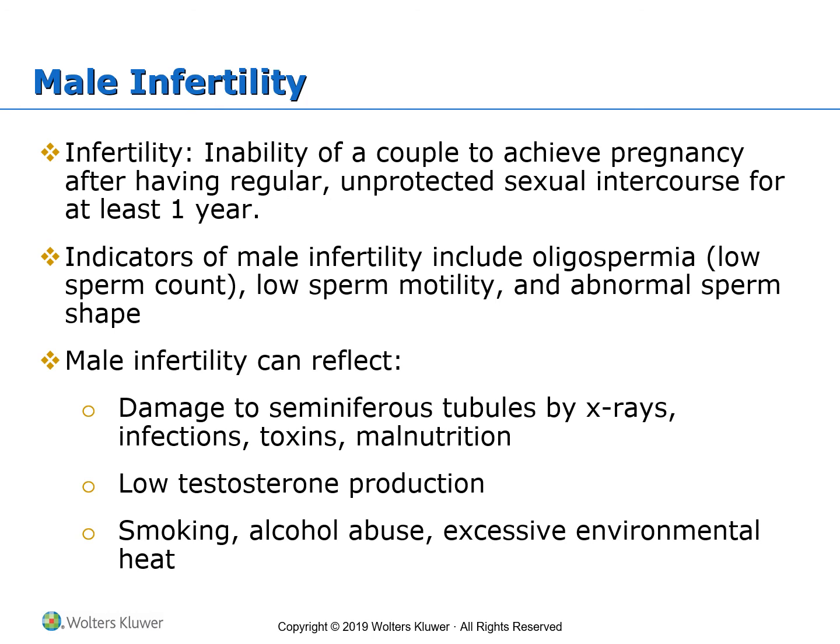The male may have a low sperm count, which is called oligospermia, and this can be a result of a testicle that can be damaged by x-rays, infections, toxins, or malnutrition. All those result in decreased sperm production.